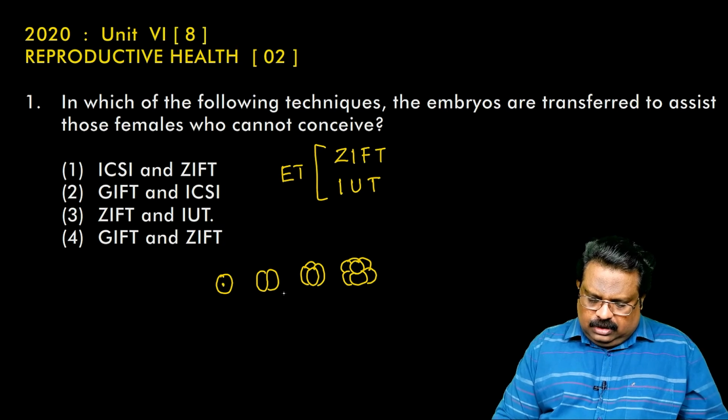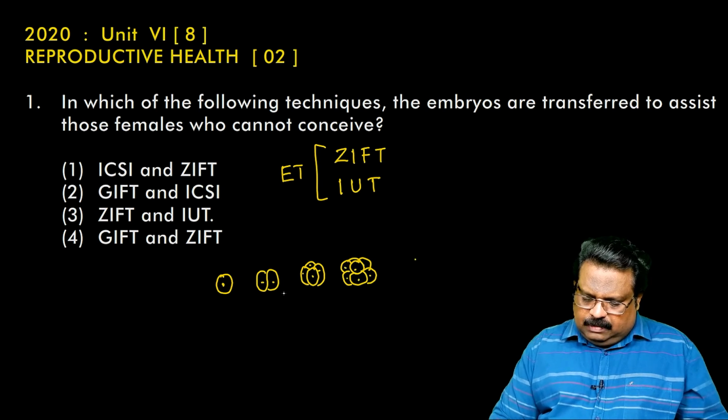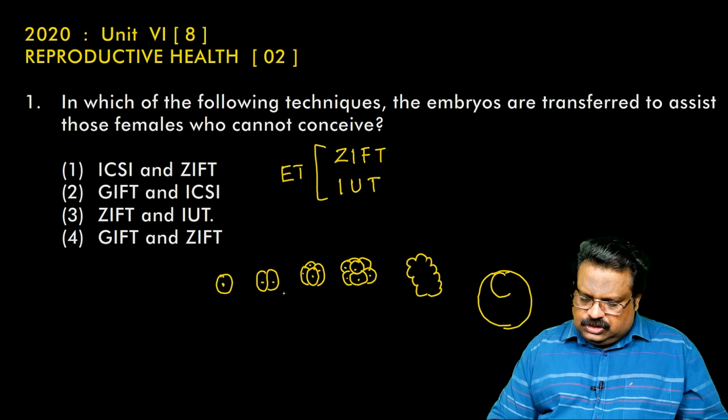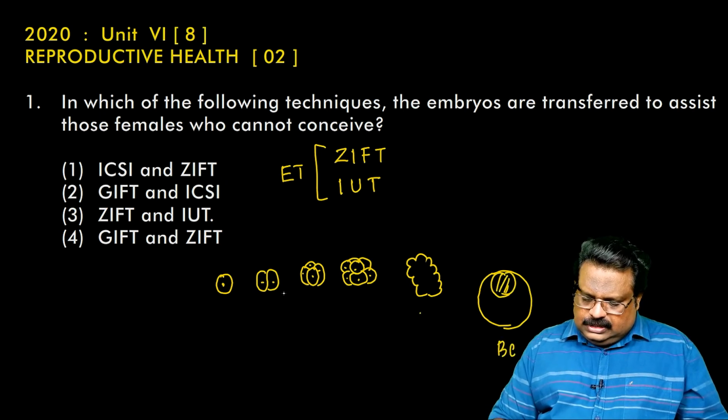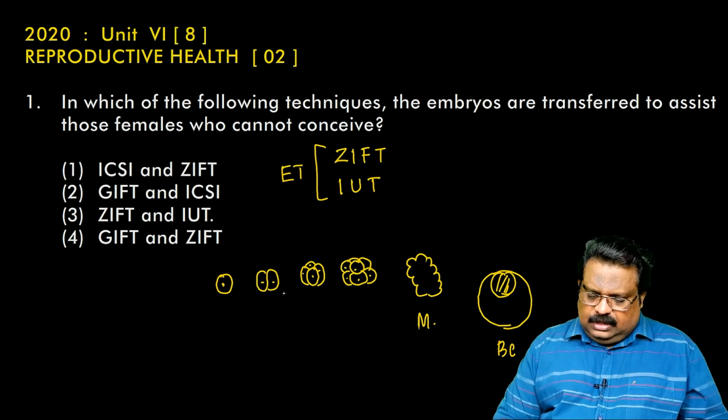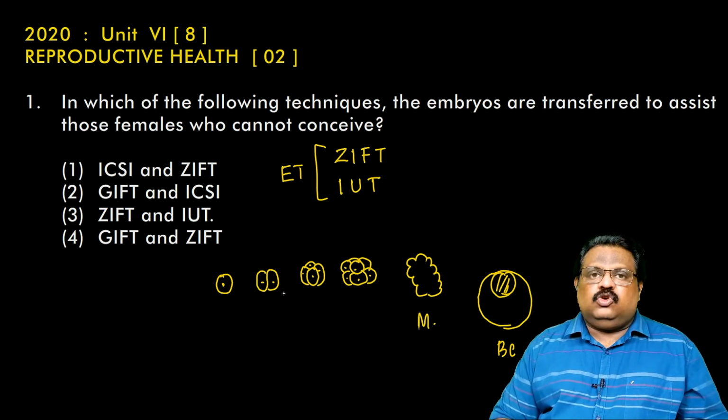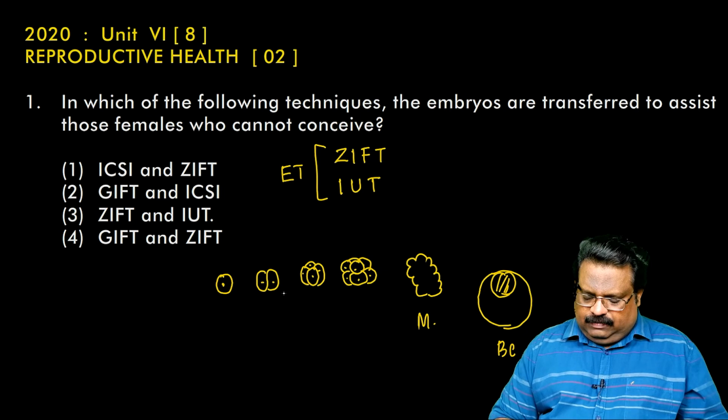This is the zygote, 2 blastomere stage, 4 blastomere stage, 8 blastomere stage, then it becomes the 16 blastomere stage called morula, then it becomes the 32 blastomere stage called blastocyst. Isn't it? This is the blastocyst, this is the morula. These are the blastomere aggregations produced by cleavage.